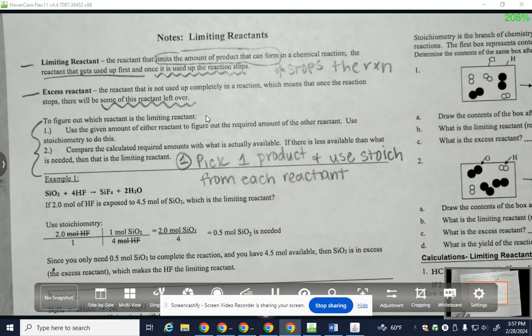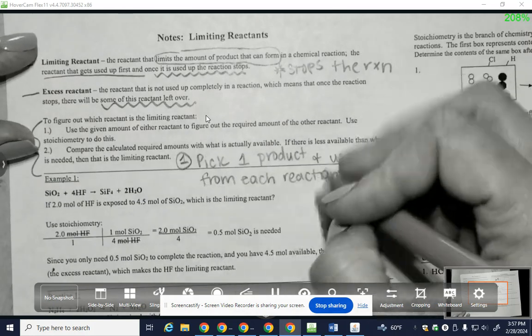So you're going to pick one product and use stoich from each reactant, meaning you're going to run two stoichiometry problems. If you technically have 3 reactants, you should be running 3, but hopefully that doesn't happen. So that's your first step.